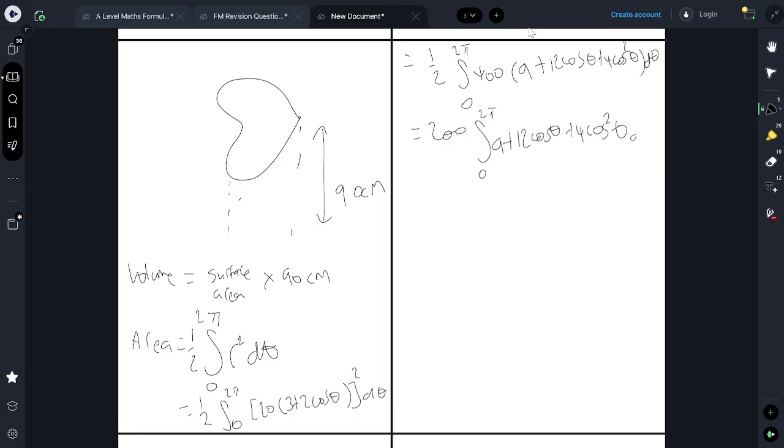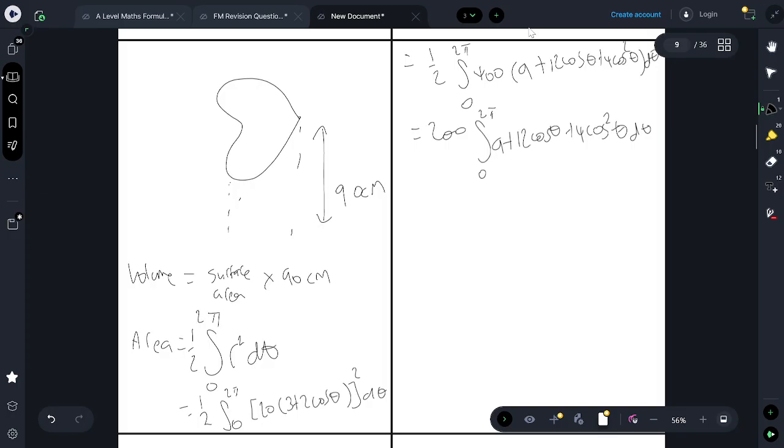Now, we can integrate a constant and cos theta quite nicely. You should know how to do that. But cos squared, not exactly. We can't do it directly. But how do we do it? Well, again, if you practice polar integration, if not, there should be a refresher. You use double angle.